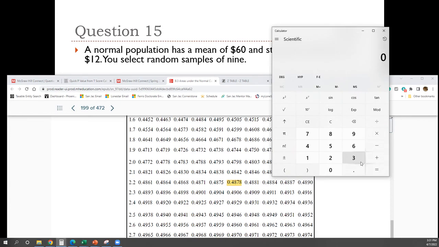So again, taking 0.5 minus 0.4878 ends up being 0.012. Since we're looking at both tails, it's a two-tail test basically here, we'll multiply it by 2. So we have a 2% chance that the mean will be more than 9.